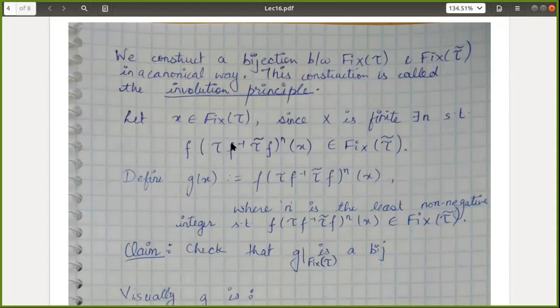So this complete iteration you keep on doing until the element you're left with, when F is applied to it, lands in the fixed point set of tau tilde. Since X is finite, this iteration has to stop. It's going to be like a cycle going round and round, and ultimately it has to come back to its initial point in some sense.